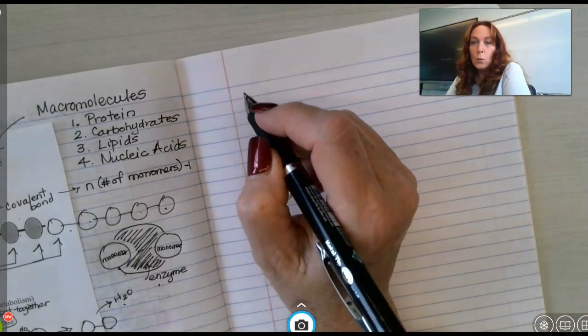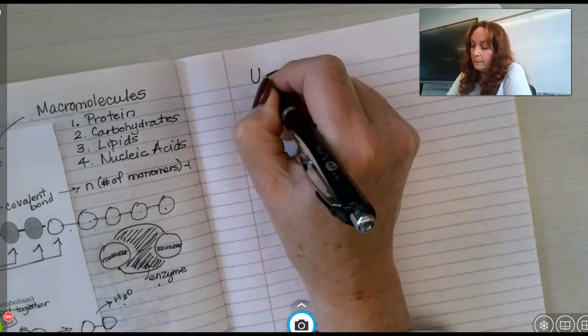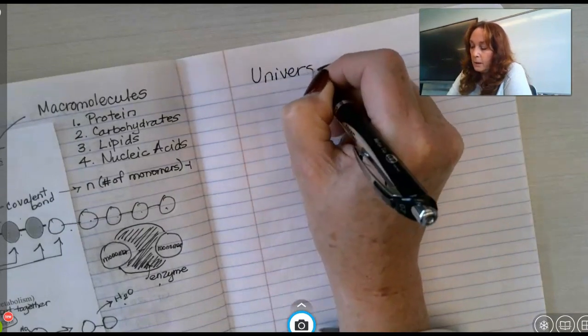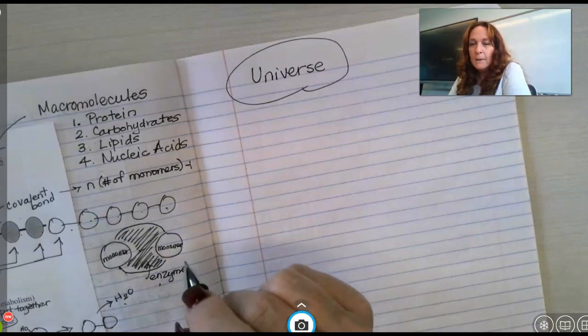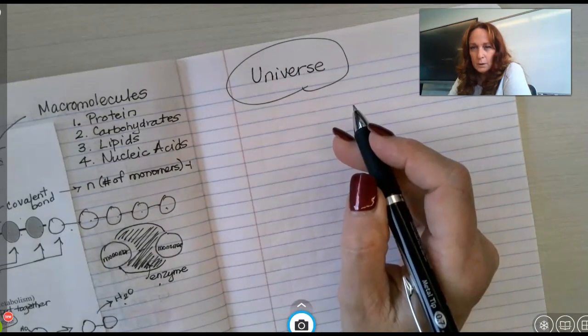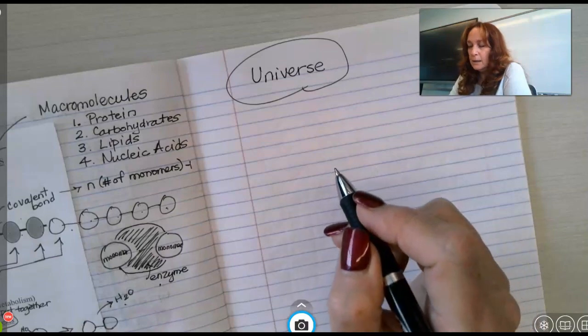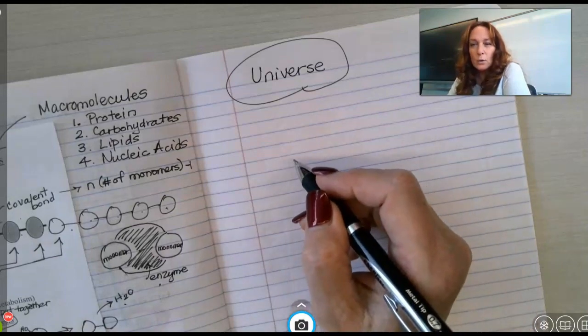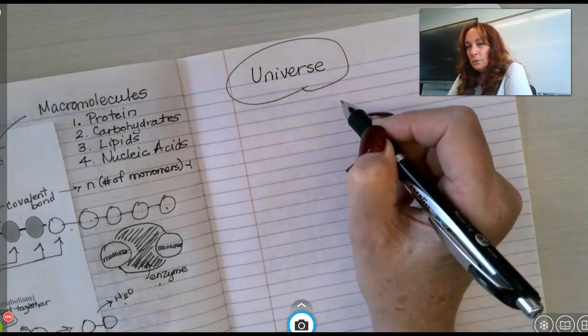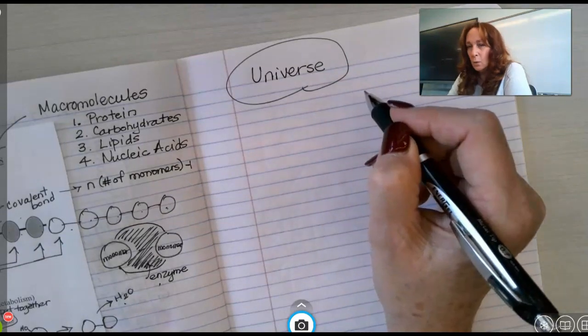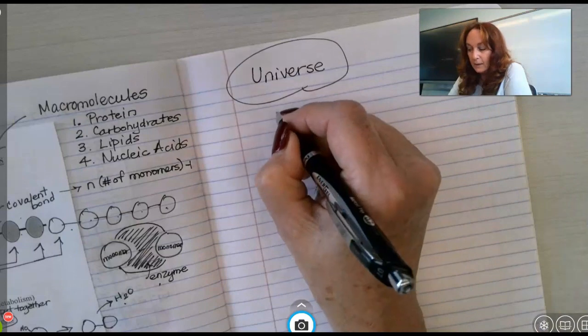Let's think about the world. So we're going to go real big. Hello, universe. Here's the universe. We're thinking about the universe. In the scope of the world, you've got disorder and order, and everything moves toward disorder. That's just something to think about.